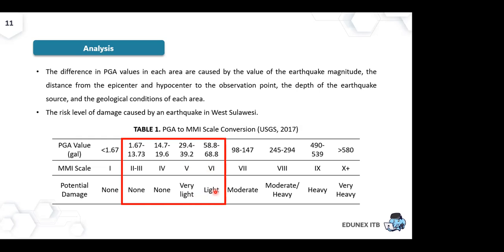And then areas around Majene, Polewali Mandar, Mamuju, and Central Mamuju have a PGA value that is included in level 4 to 6 MMI with the potential damage being very light and light. And the last, the area around North Mamuju or Pasangkayu Regency, as the smallest PGA value, is included in level 2 until 5 MMI where the potential damage is none and very light.